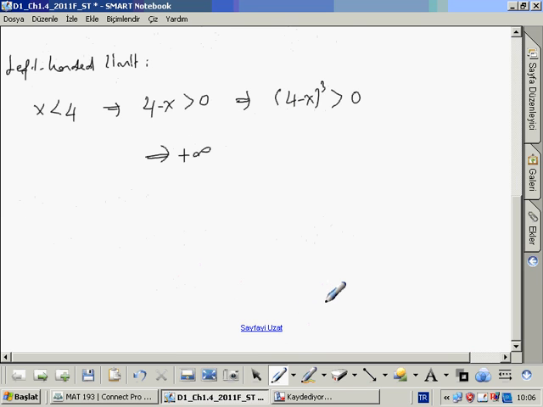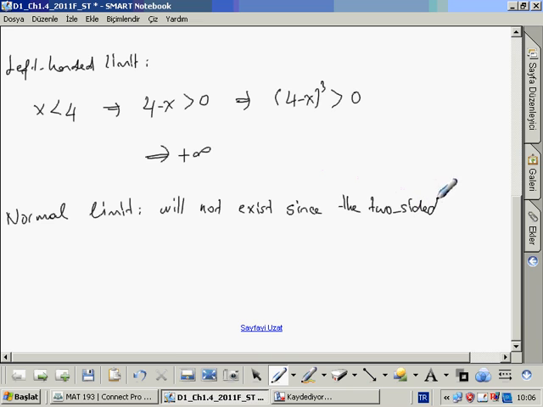So the normal limit will not exist, since the two one-sided limits are not the same.